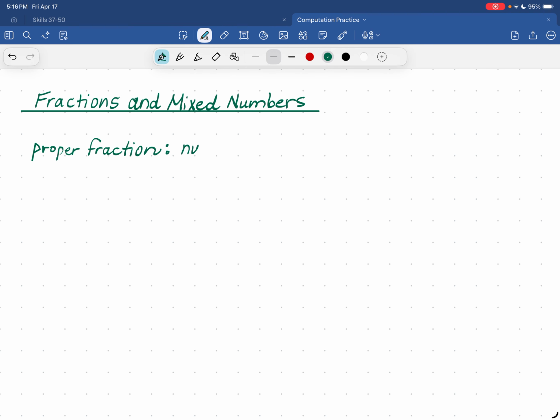The numerator, that's the top, is smaller than the denominator, and that's the bottom.